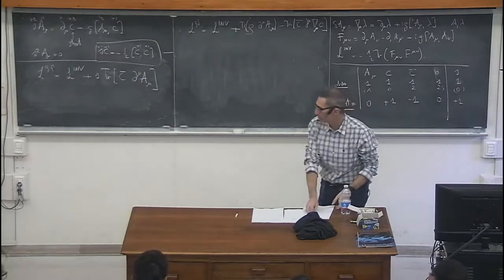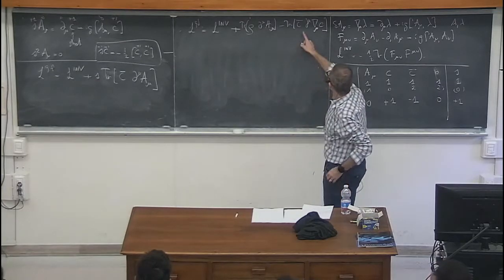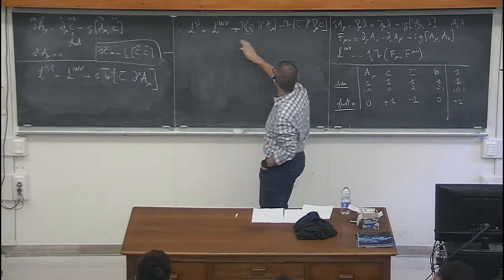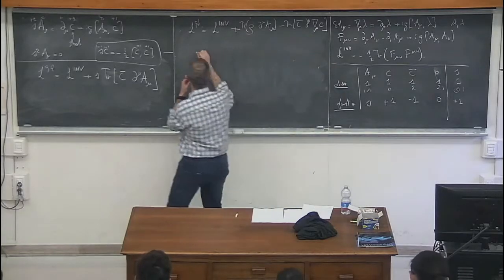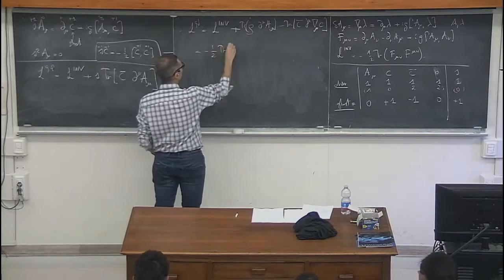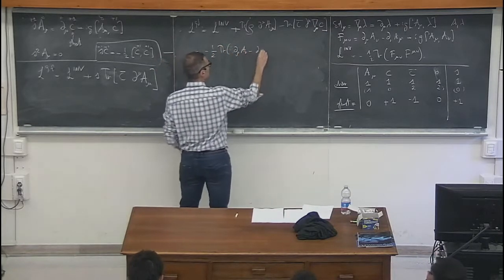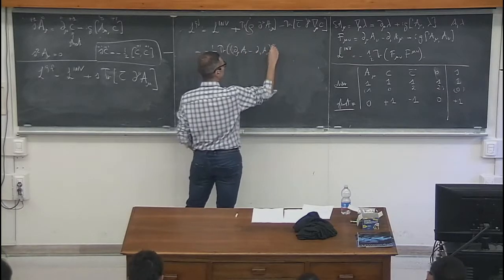Now, first of all, we can check that at a linearized level. So let's first look at this action at a quadratic level. At quadratic level, we have the usual terms, 1/2 of trace, and then here there is the term (d mu A nu minus d nu A mu) squared.